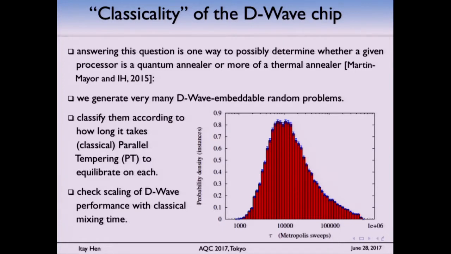And so we generated very many D-Wave embeddable random problems, hundreds of thousands, and we found the mixing time for each and every one of them, and this is the probability distribution.